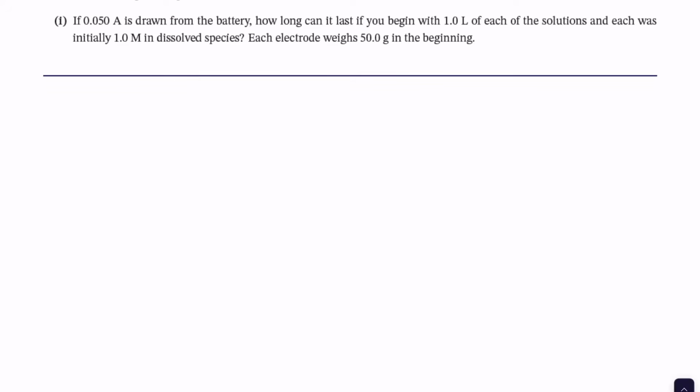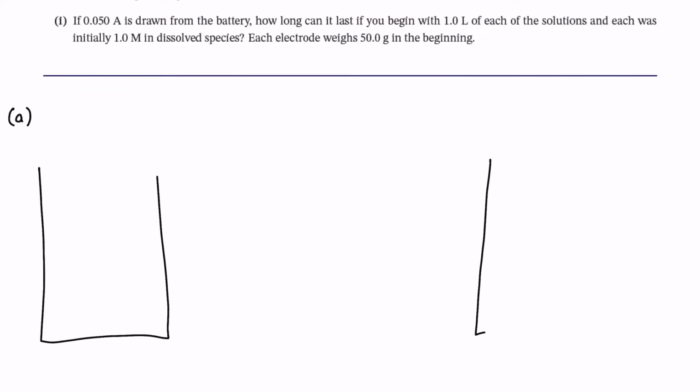Let's draw a little diagram for our cell. Let's draw each of our beakers over there. All right, and I'm going to put the cathode on the left hand side, and at the cathode, of course, reduction occurs.